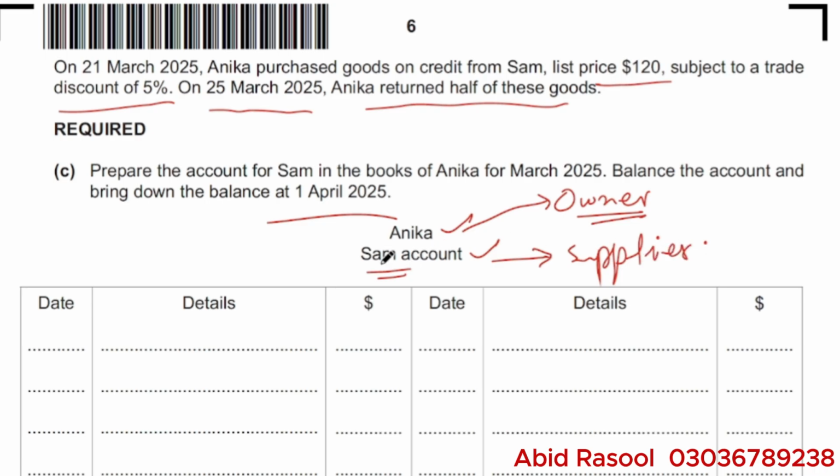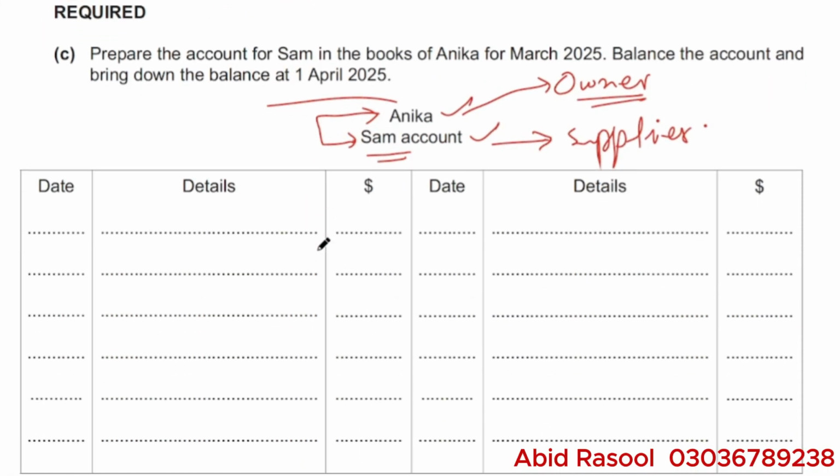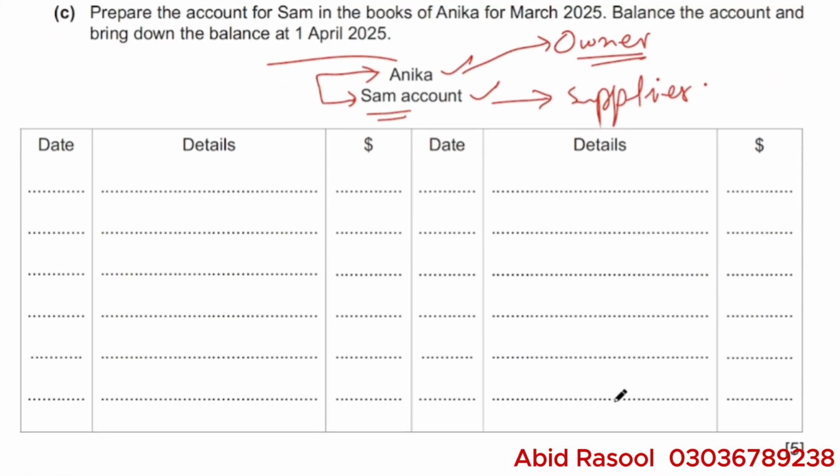Before making the account, you have to make clear the relationship between these two businesses. It's very important, because if you don't understand the relationship, it is obvious that you will make mistakes in the account. This account is worth 5 marks.